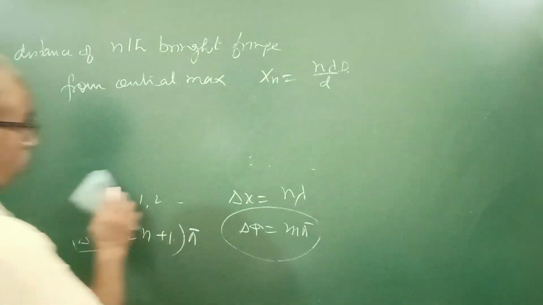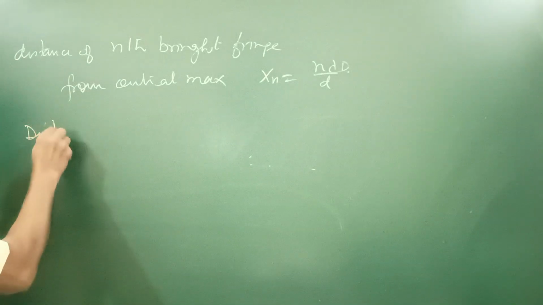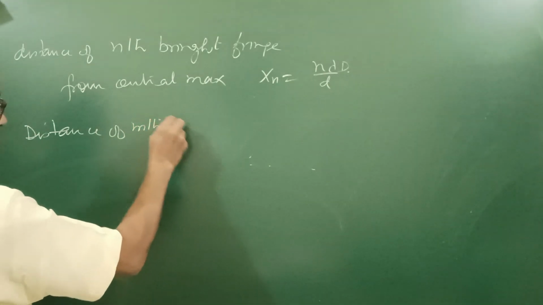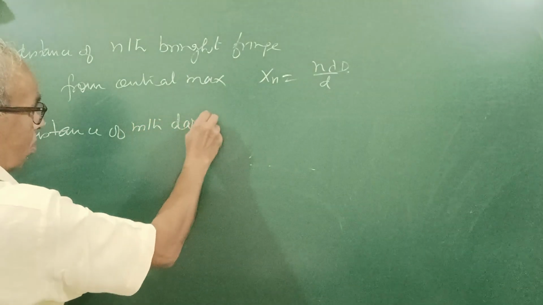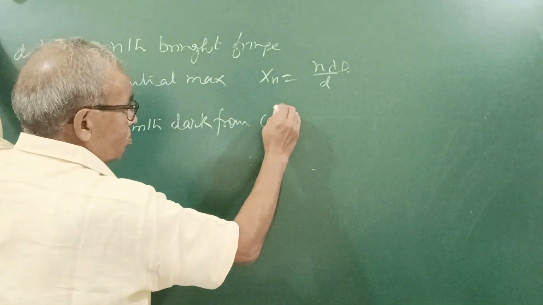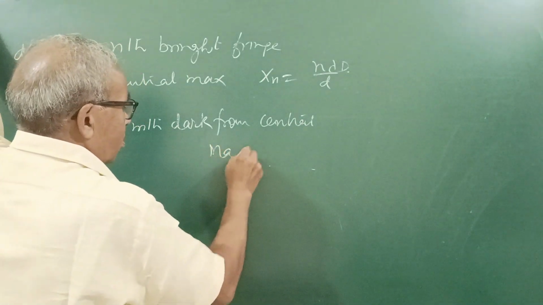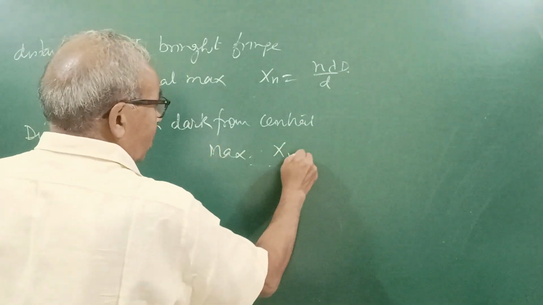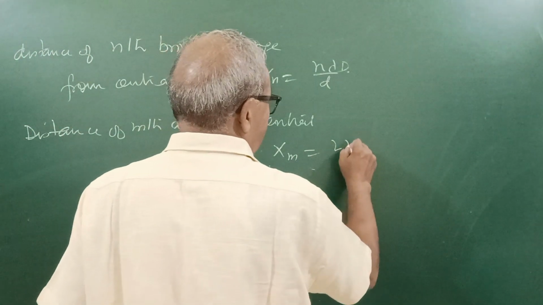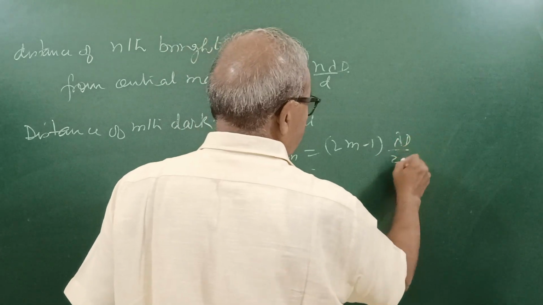Similarly, distance of the mth dark fringe from the central maximum, Xm. I have deliberately taken m, to keep them separate: (2m minus 1) lambda D upon 2d.